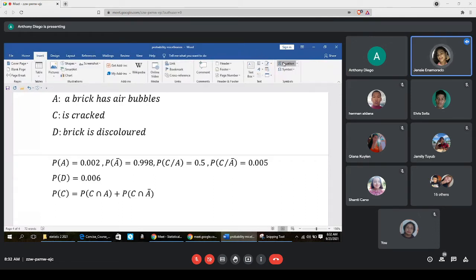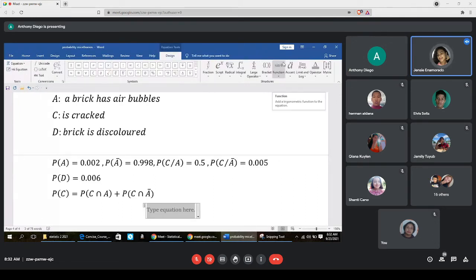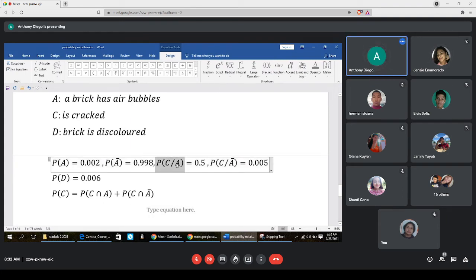Sir, the probability that it is cracked and has air bubbles, where you have the A complement, is equal to 0.05. So let's find C intersecting A first. Then we need to find C intersecting A complement.